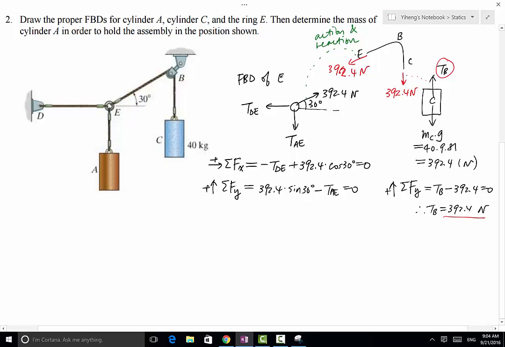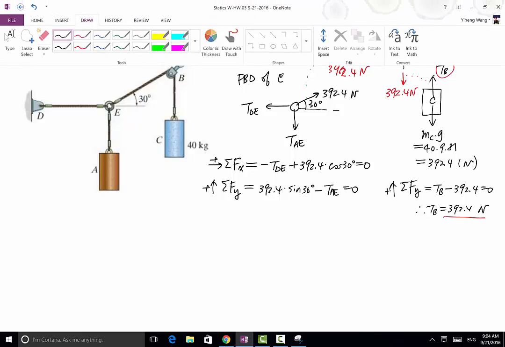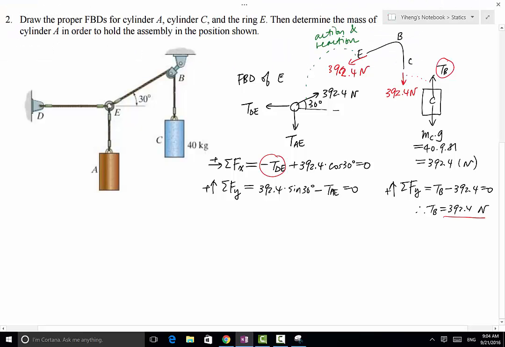So we have two equations, two unknowns, TDE and TAE. But in this case, we are not asked to solve for TDE, even though we can actually solve for TDE directly from the first equation, and that's about 340 Newton.